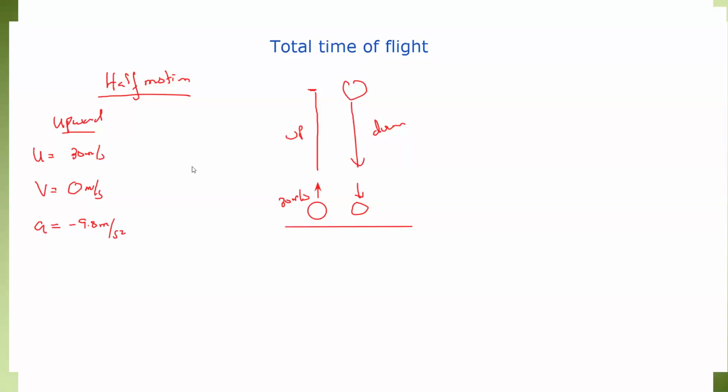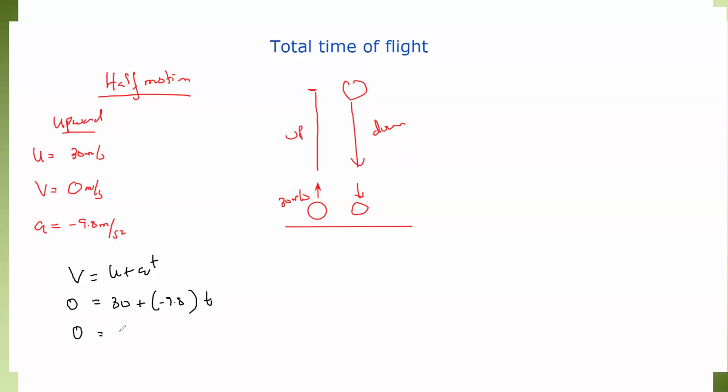Now I want to find the time to reach the maximum height, so I can use the first equation of motion, which is v equals u plus at. v is the final speed, which is 0. u is the initial speed, the launching speed, that is 30. The acceleration is due to gravity, which is negative 9.8, or deceleration.